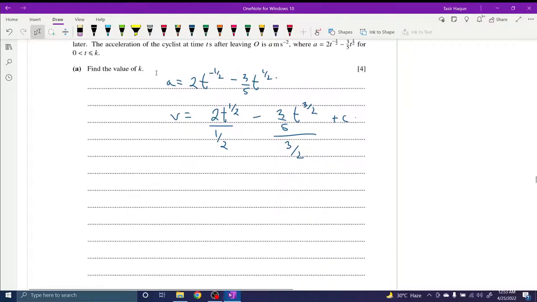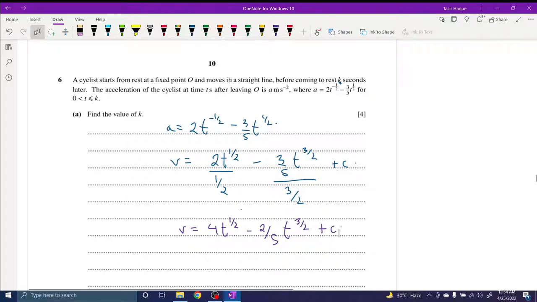Okay, so we end up with v is equal to 4 t to the power half, minus, 3 by 5 divided by 3 by 2 is 2 by 5, 2 by 5 t to the power 3 by 2, plus c.